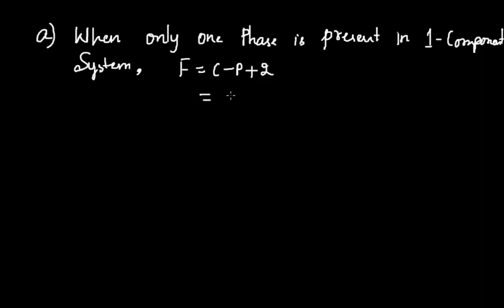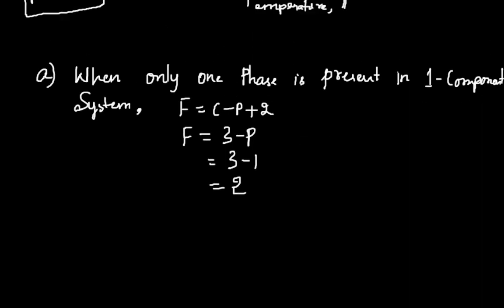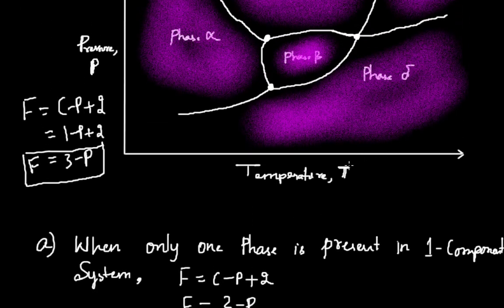We have already seen that this reduces to 3 minus P, and therefore if only one phase is present, it is 3 minus 1, which is equal to 2. So what are the degrees of freedom, the variables that we have here? One is temperature and another is pressure.